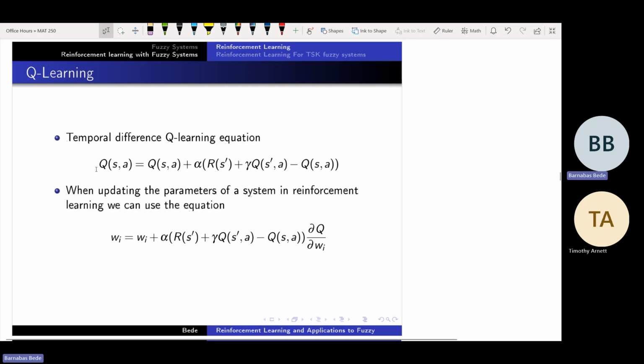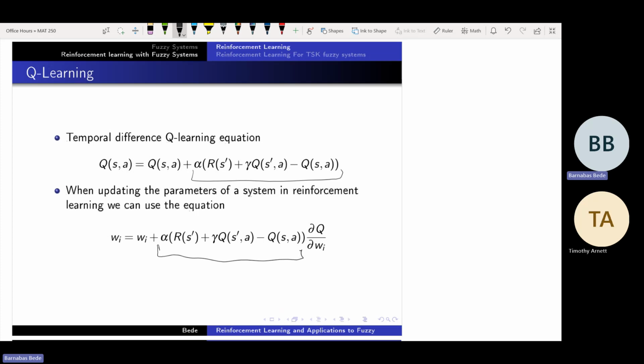The big idea of Q learning, and deep Q learning in particular, is that we have a neural network that predicts the Q value of each action, and we take the best possible action because I know all of them and I'm going to take the best one. That neural network will have parameters. How do we update the parameters of the network? We update them based on this equation. This is the temporal difference part.